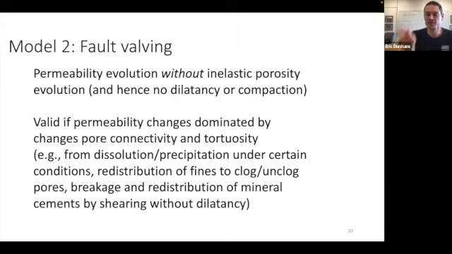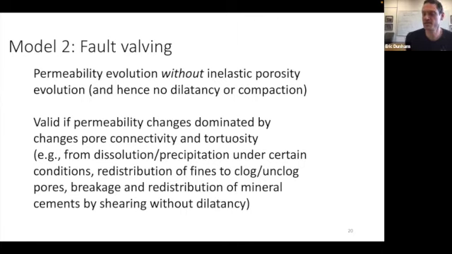If you had dissolution and precipitation reactions, so diffusive mass transport, and you dissolve the same volume, then reprecipitate it, you're not changing the overall porosity, but you've changed where you've placed that porosity, and you change how interconnected that pathway is, or you can make it more or less tortuous. You could think about fine grain clays clogging and unclogging pore throats, migrating around.